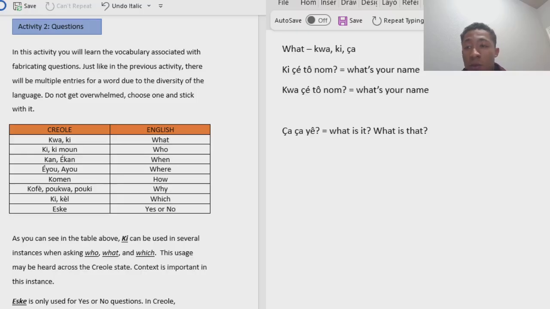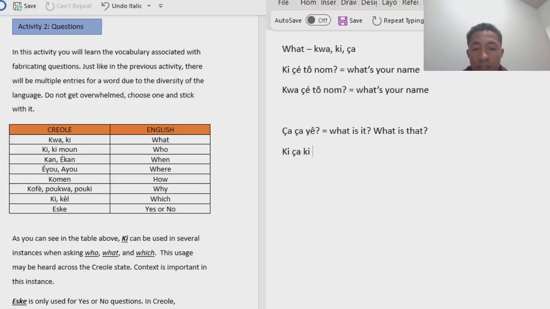Now, if you are coming from a French background, you might be thinking of expressions such as qu'est-ce que, or if you're a Louisiana Creole French speaker, qu'est-ce que. Well, Creole actually has that as well, and we do have that with a combination of qui and ça. So you might hear qui ça qui.